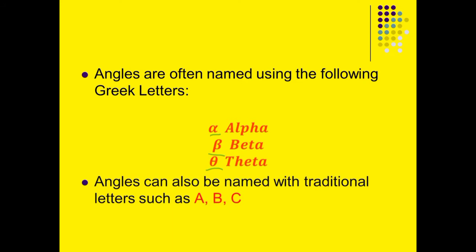When we encounter Greek letters, they are represented by the angle. Or in the traditional way, we have a single letter also representing our angle. So we name it angle A, angle B, angle C by their vertices.